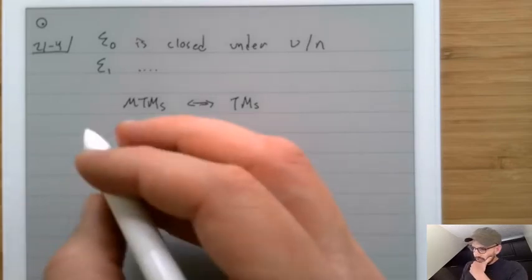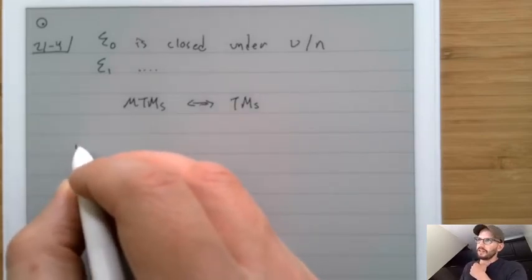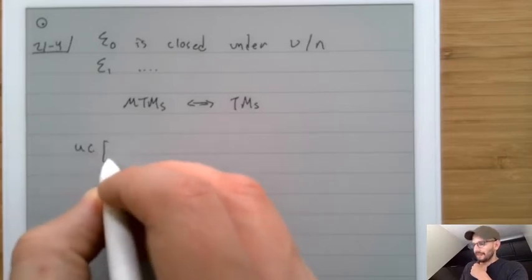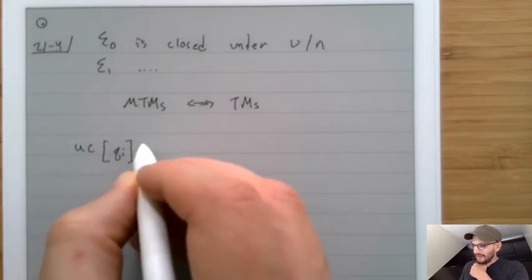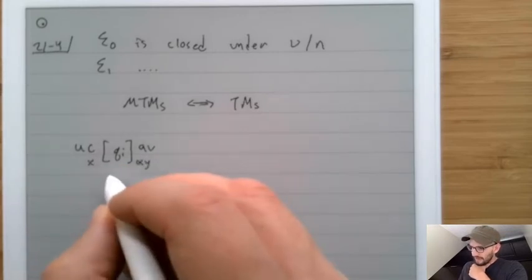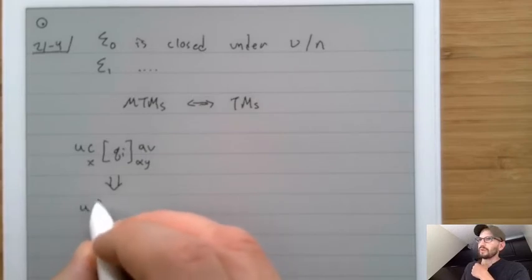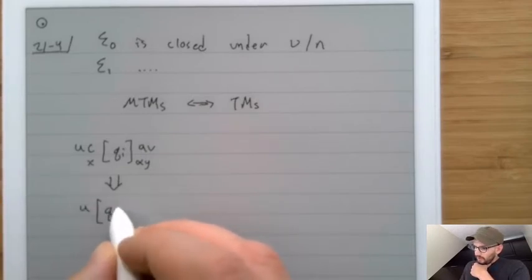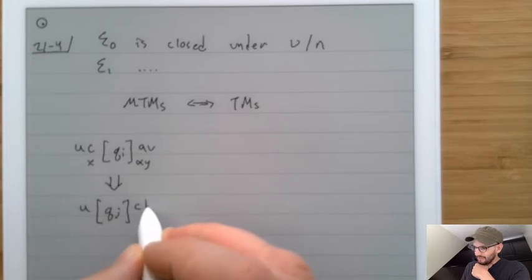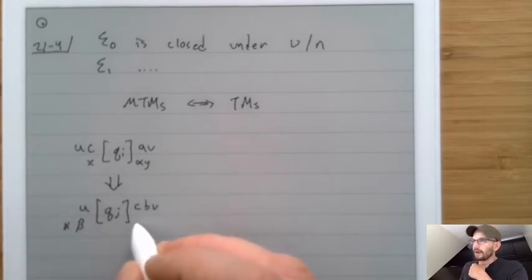So imagine that we have some configuration like U C Q_I A V and X alpha Y, and we want to turn this into U Q_J C B V X beta Y.